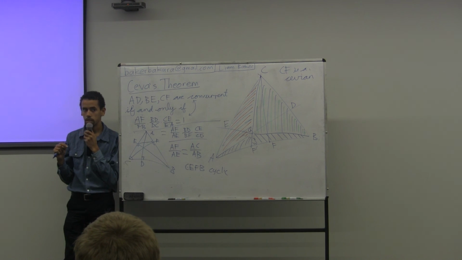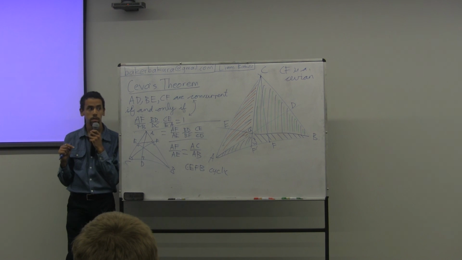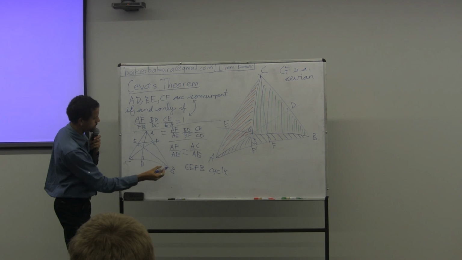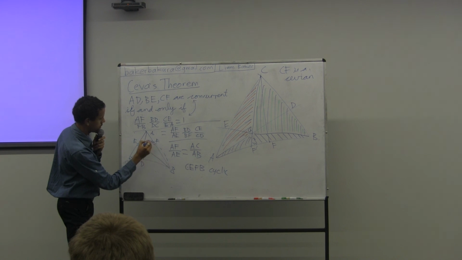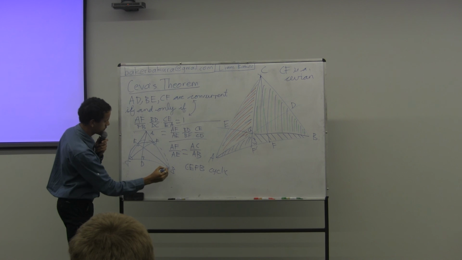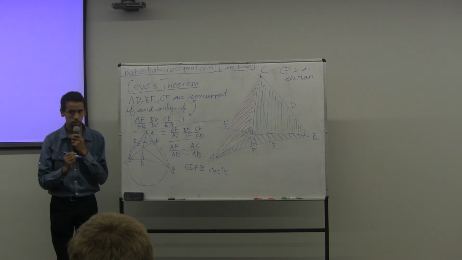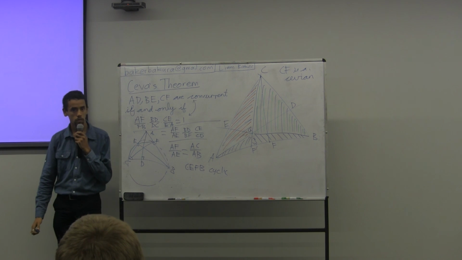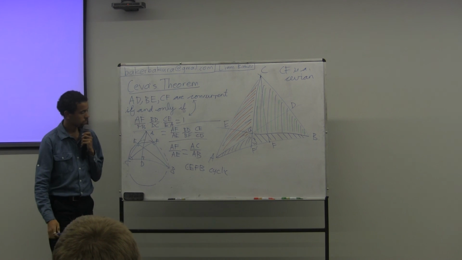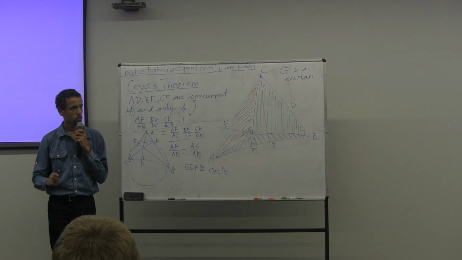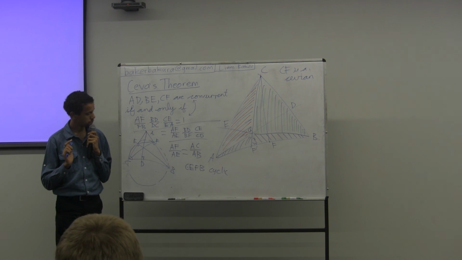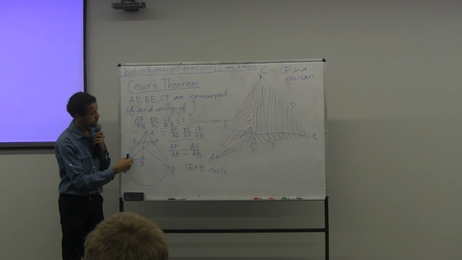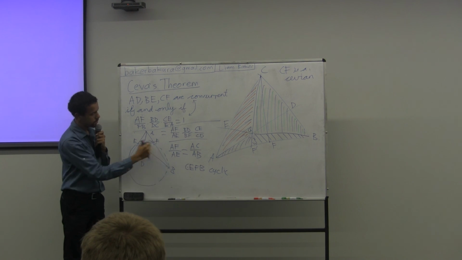By the way, what's the center of this circle that goes through CEFB? What is the center? No, the center of this circle, which goes through there. So it definitely has to do with CB because it's CB and FE.